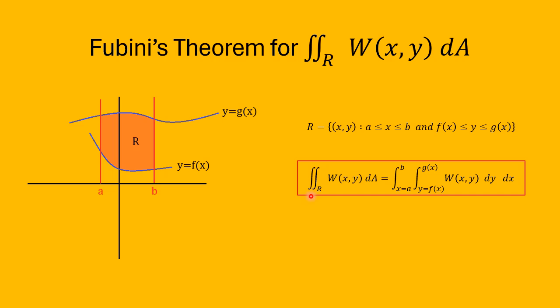The double integral over R of w of xy dA is the following. It's the integral from x equals a to b of the integral where y goes from f of x to g of x, w of xy dy dx.